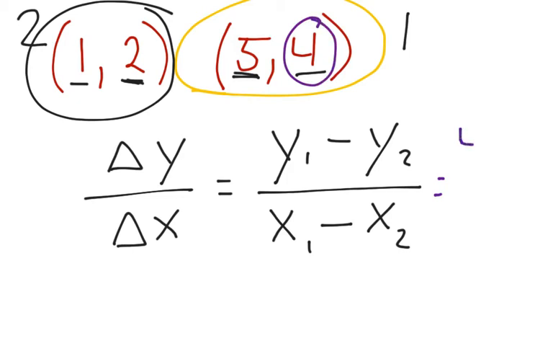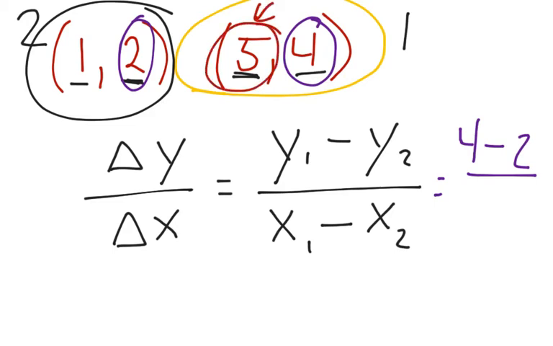So we have 4, that's my y1, minus my y2, which is 2. So 4 minus 2 over, and again, I have to be consistent, x1, which is 5, minus x2, which is 1.